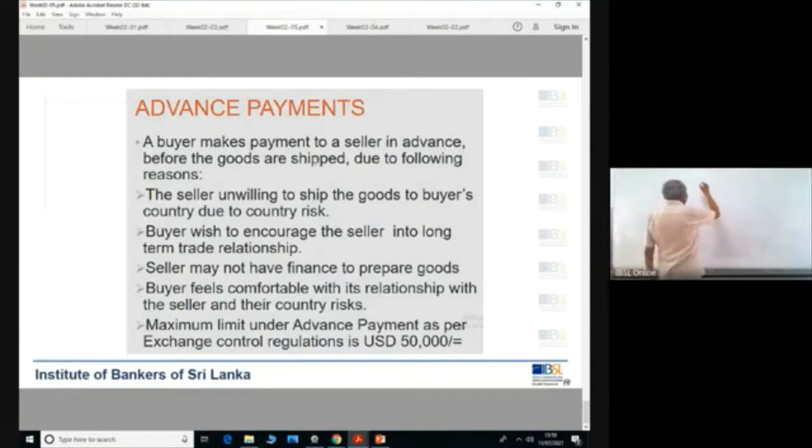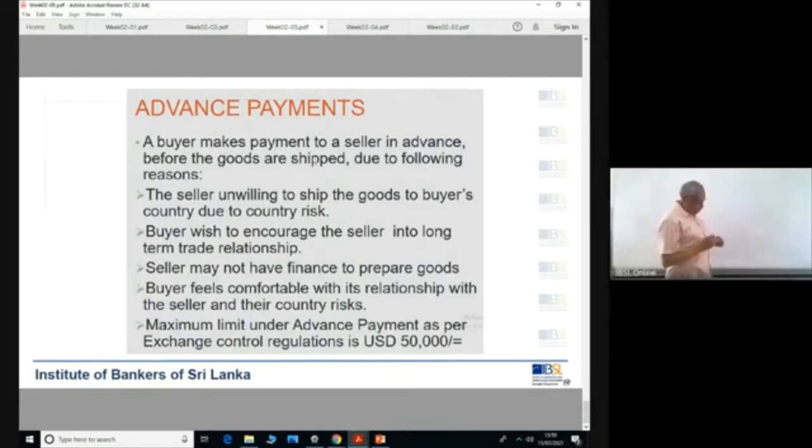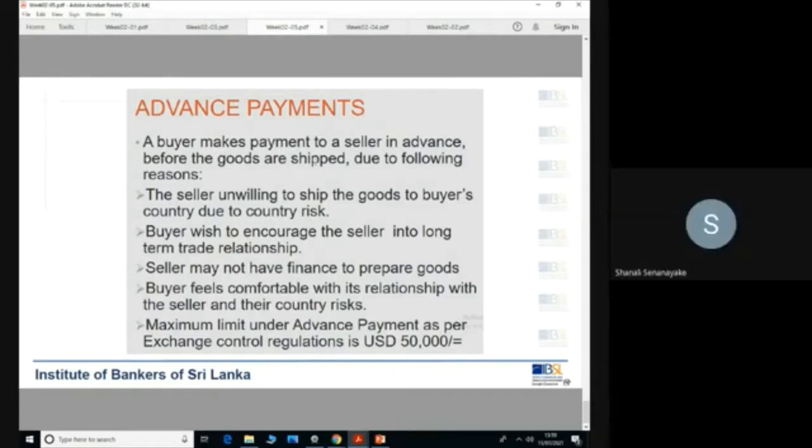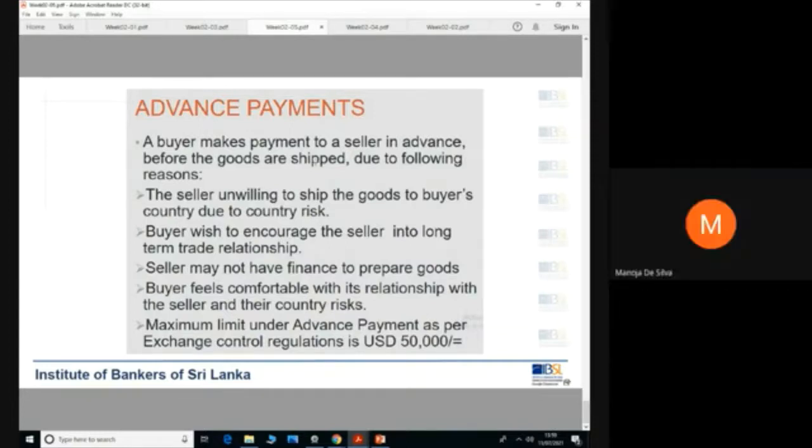USD 50,000? No, wrong. 15,000? No, wrong. 10,000? 5,000?